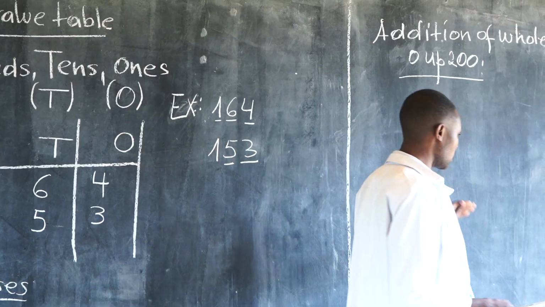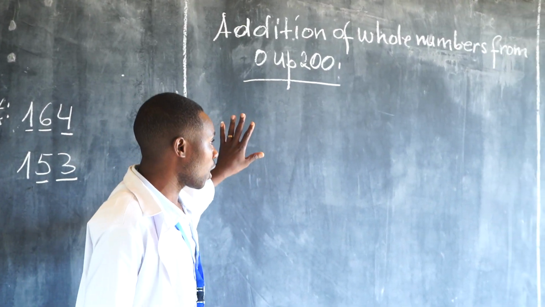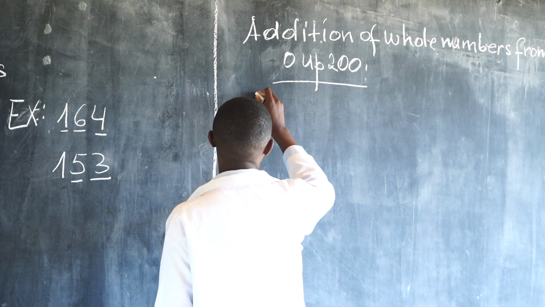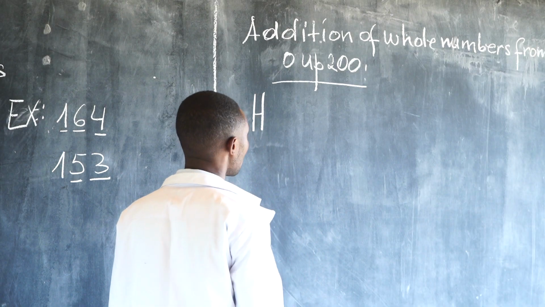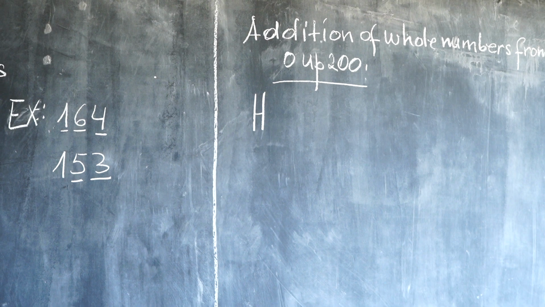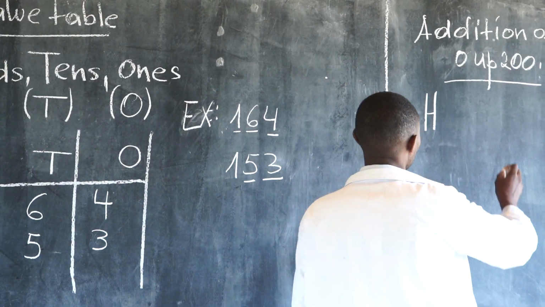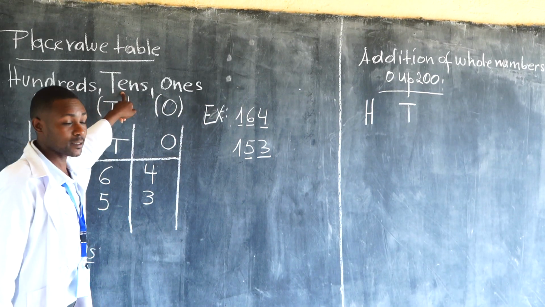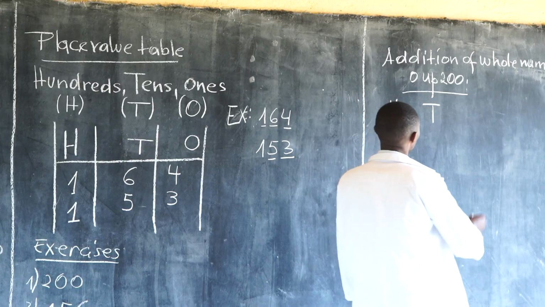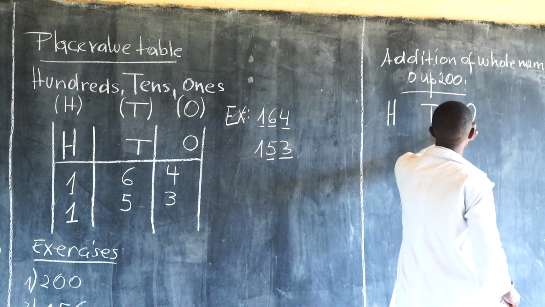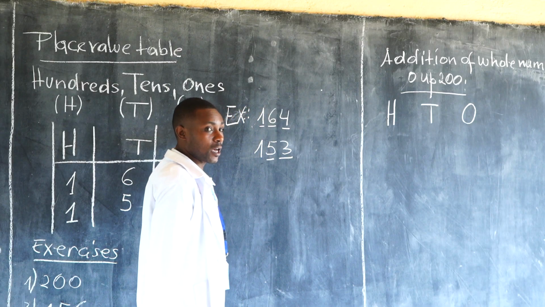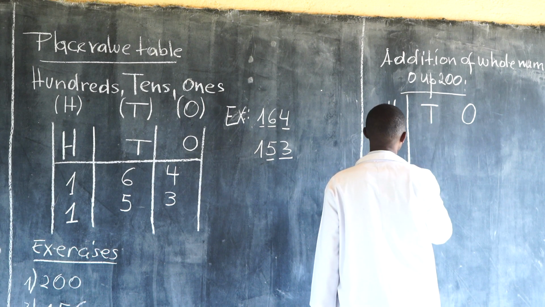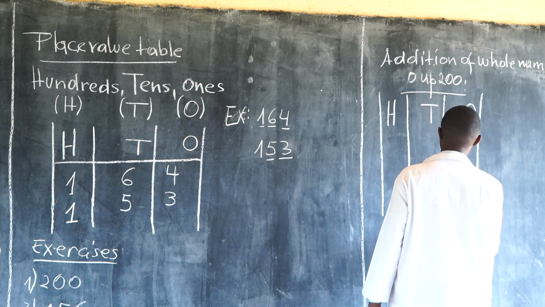Now, as we have seen, I have shown how to use the place value table. Now we have seen that we have hundreds. This H represents hundreds. Now after hundreds, we have tens. This T represents tens. Now after tens, we have ones. Now this O represents ones, as you have seen there.